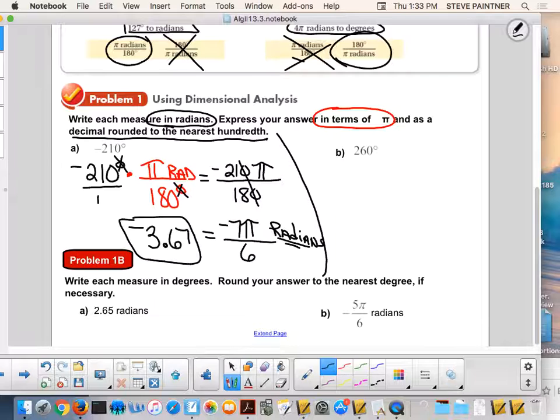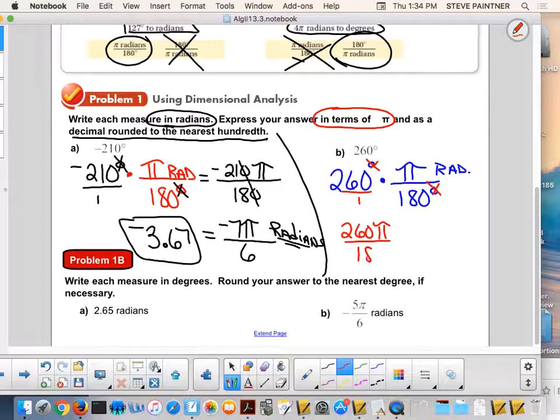260. Degrees cancel out, right? 260 over 1, times pi over 180.